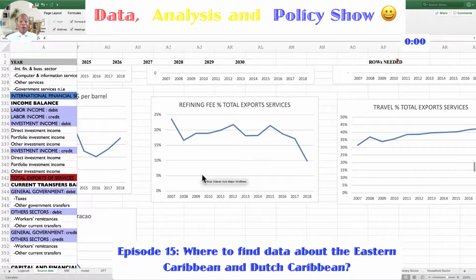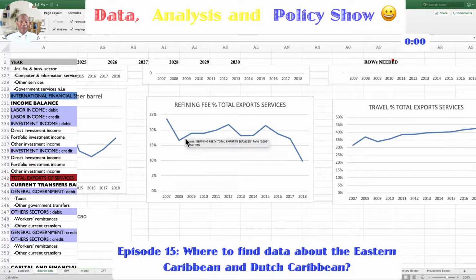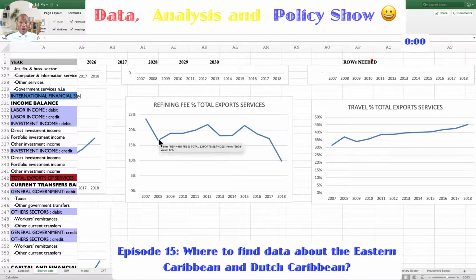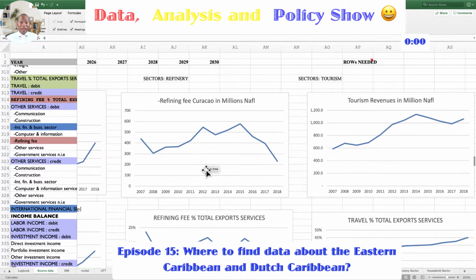Now, in Curacao, we are right now having a problem with the refinery, and you see it in the figures, because the refining fee, in guilders, was 577 million Antillean guilders, and it went down considerably to 230 million.